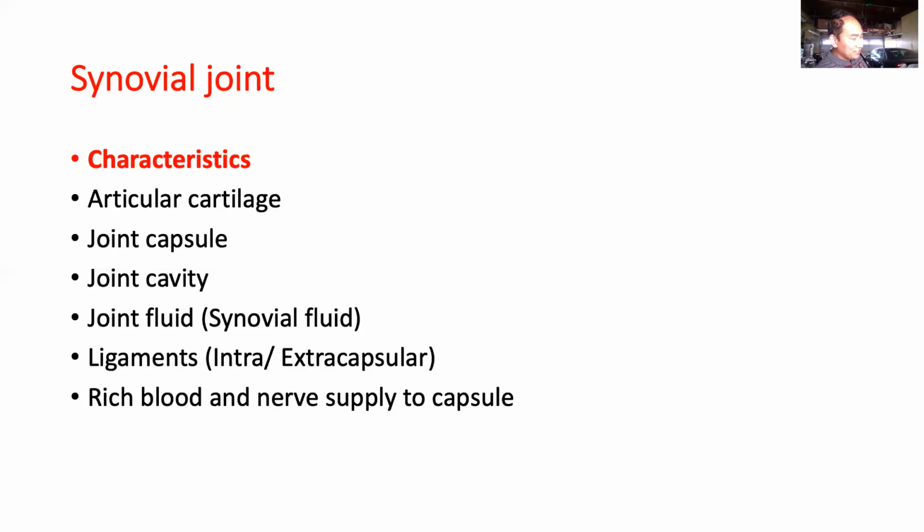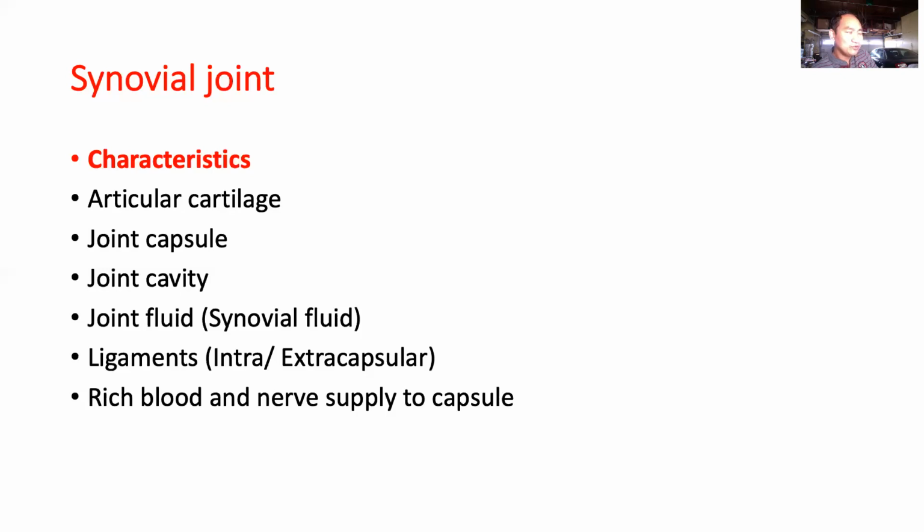And the joint has a cavity, not like the fibrous or cartilaginous joint. And there will be ligaments in and around the joint, which are inside the synovial joint, or which might be acting as a supporting structure outside the joint. And these joints are very richly supplied with blood vessels and nerves.